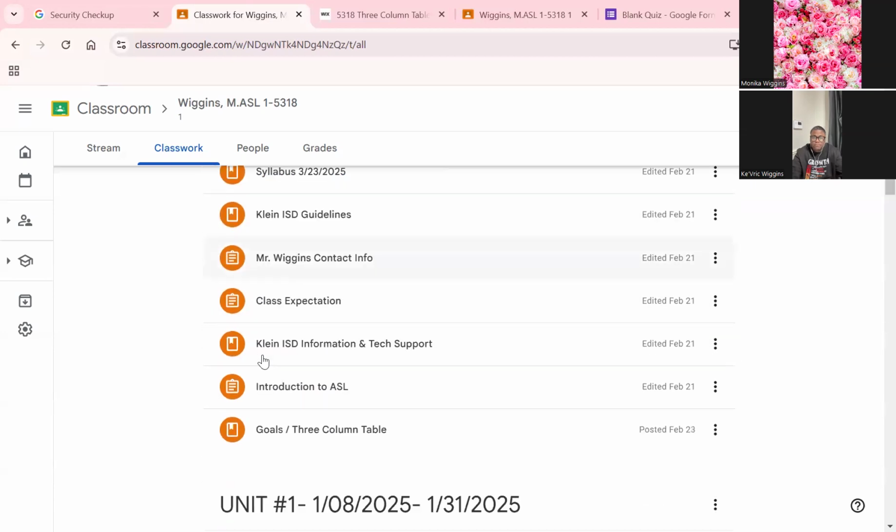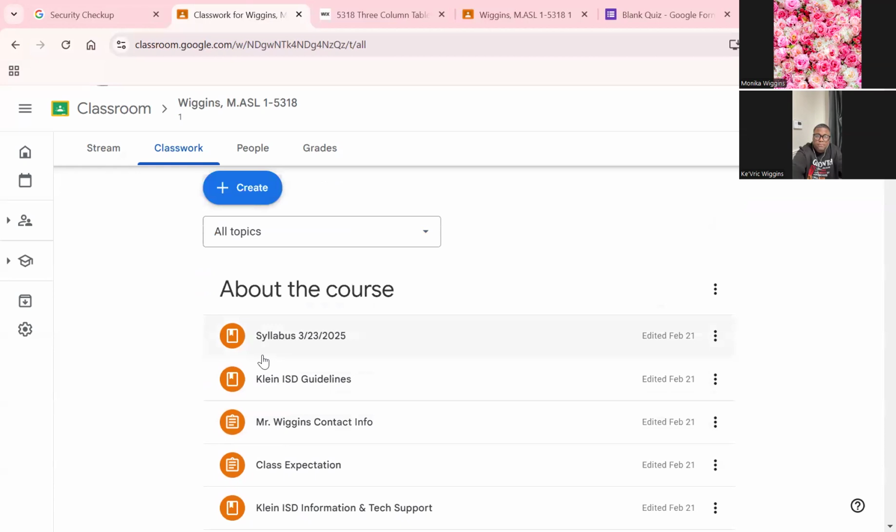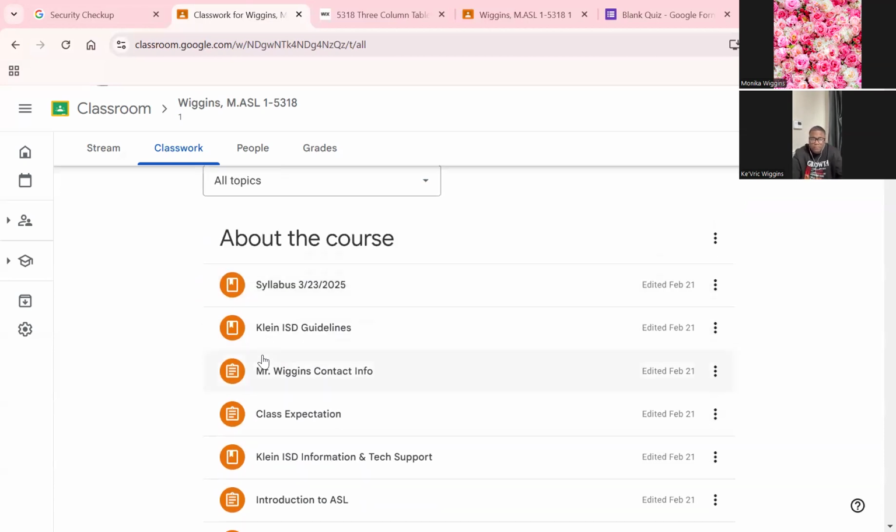identify each link that he has there for them. So it's very organized for each student and the parents to navigate through his entire course. Mr. Wiggins started with his syllabus, and also he had his guidelines there.